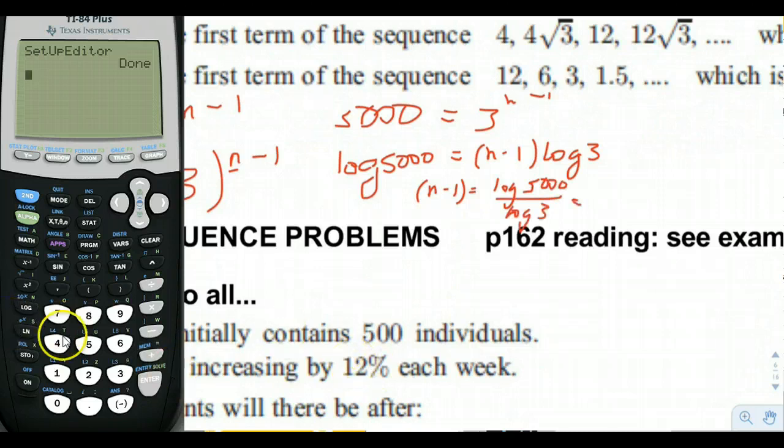And so we could calculate that here. So log of 5,000 divided by log of 3. 7.75.